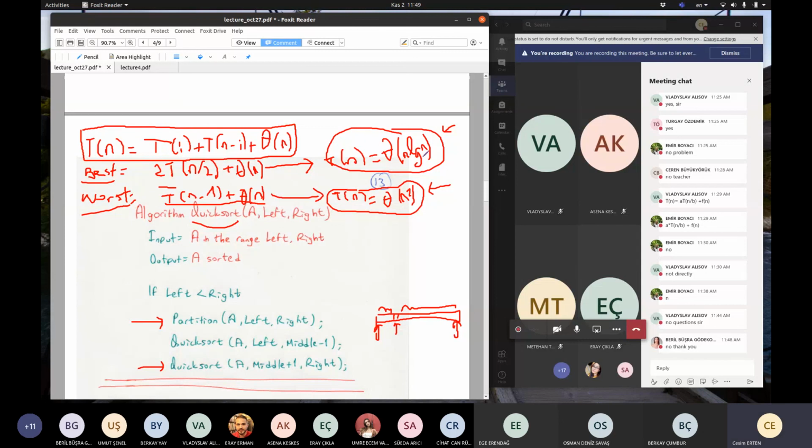With that discussion, you will have an idea regarding analyzing problems for lower bounds. Tomorrow we will do that discussion, but for today we will stop at this point.